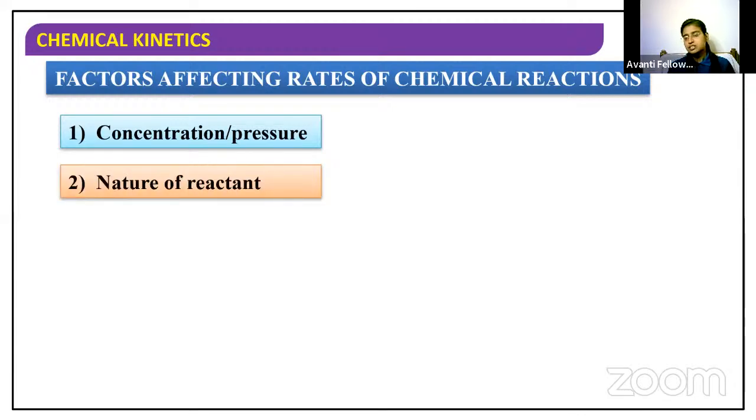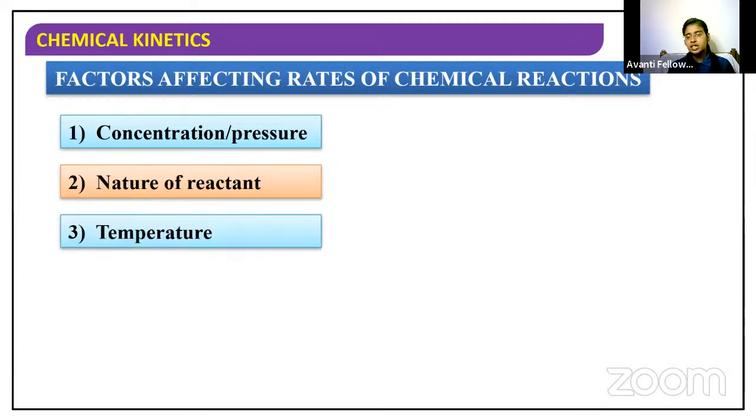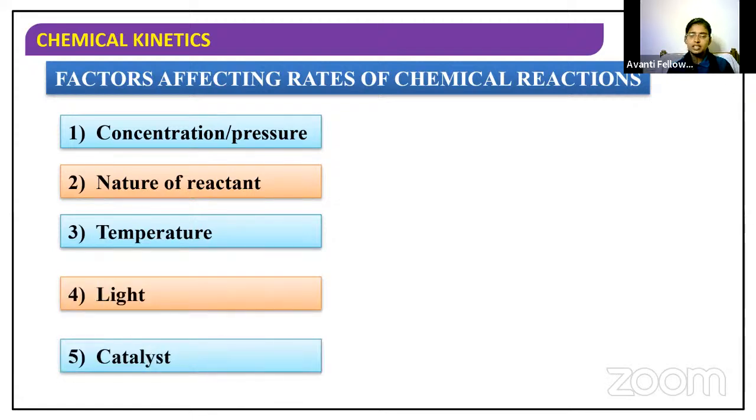Second is nature of the reactant. Third factor is temperature. Fourth factor is light. And the fifth factor is catalyst. So these five factors are going to affect the rate of a chemical reaction. And we are going to see how they affect the rate, whether if we increase a particular component, the rate will increase or decrease.